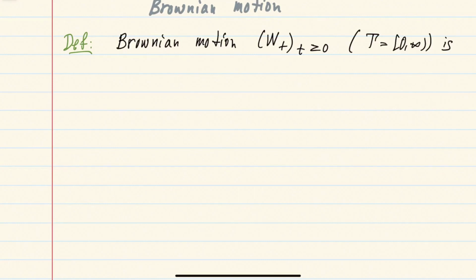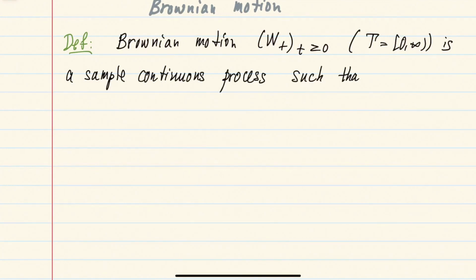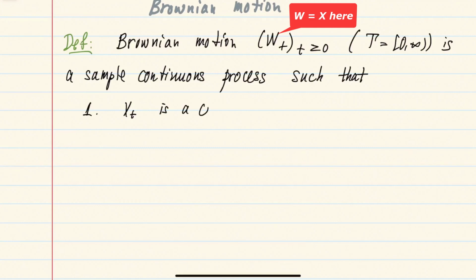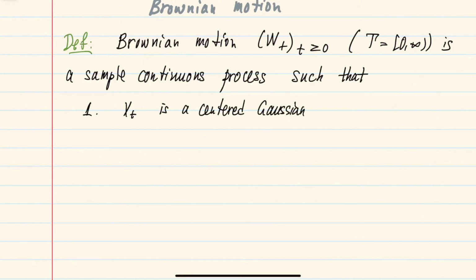And first, it's a sample continuous process. And then it should have the following properties. The first property is that each X_t as a random variable is a centered Gaussian, for all t.